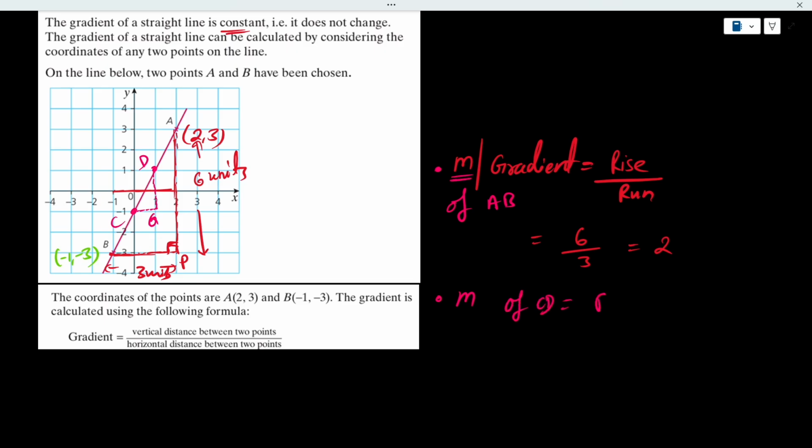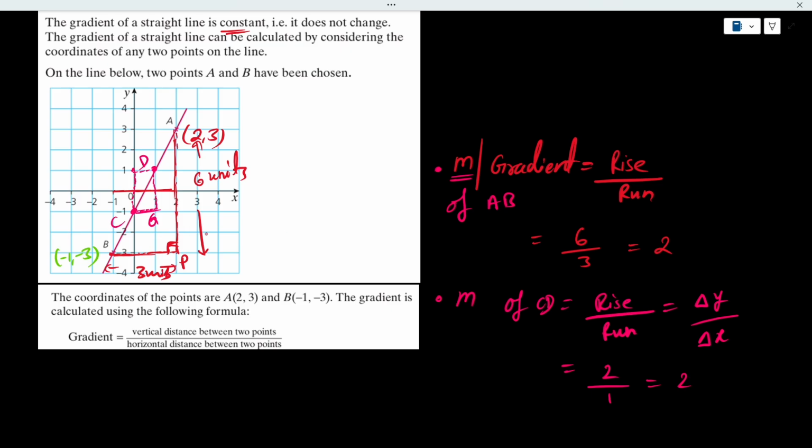If you see rise over run means here change in y coordinate, how much with change in x coordinate. So I'll tell you that formula also. So how much is the rise here? From here I can go 2 units up and then 1 unit right. So it is 2 units up, 1 unit right, which is going to be equals to gradient is 2, right?